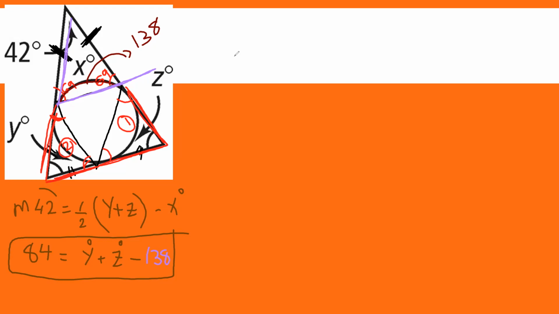It's given that the two base angles are the same. Since it's a triangle, if we know one of the angles, we can subtract it from 180 and then divide by 2 to get y and z, since they are the same. Yes, that is therefore the isosceles. Now look at these two triangles here. Let's color them, sorry.